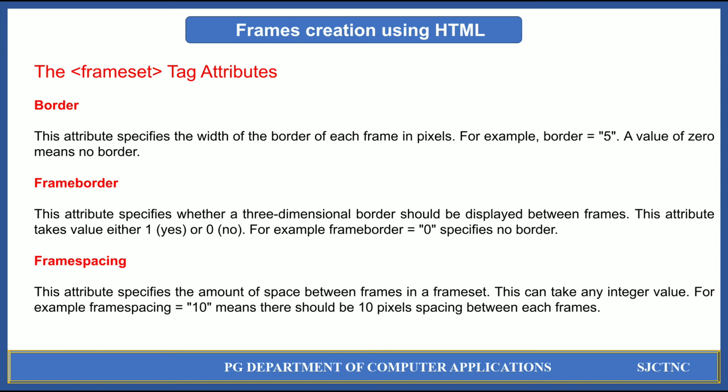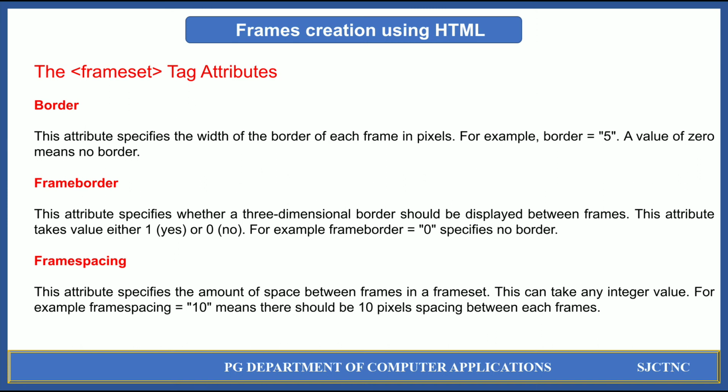If we mention border equal to 0, it means there is no border at all. By mentioning the border equal to 5 or 6, the border line width will be more and more. If we mention 1, it will be a small line. If you mention 2, again the thickness will be increased. Again, if it is 5, the border thickness will be increased.